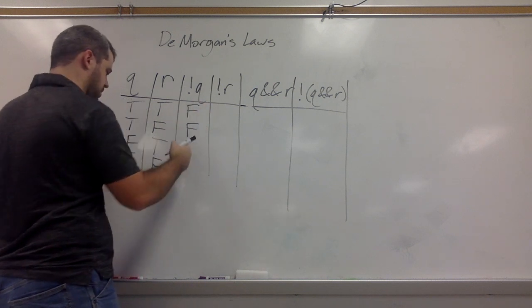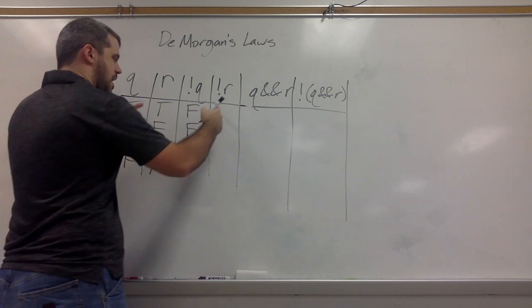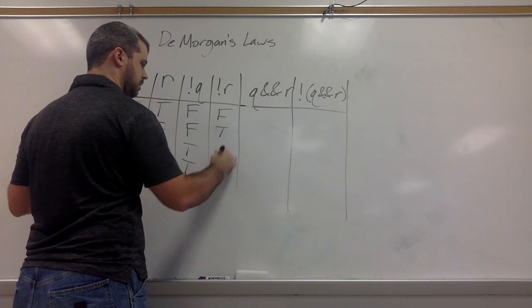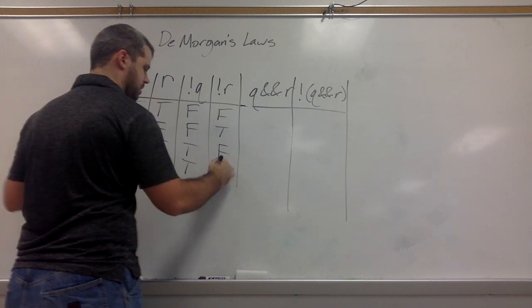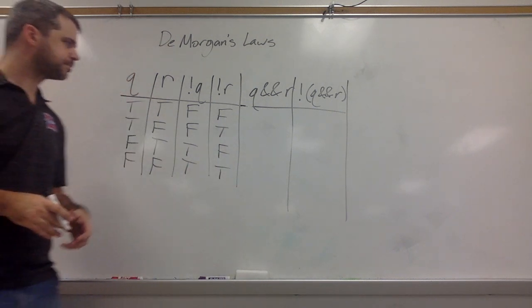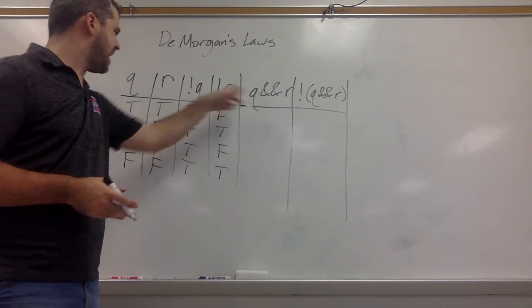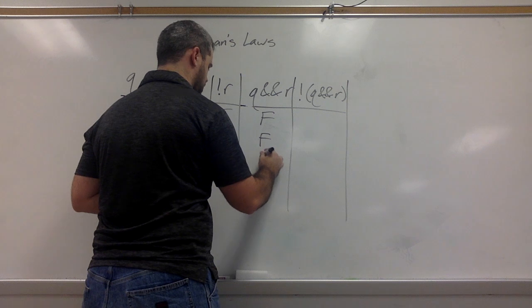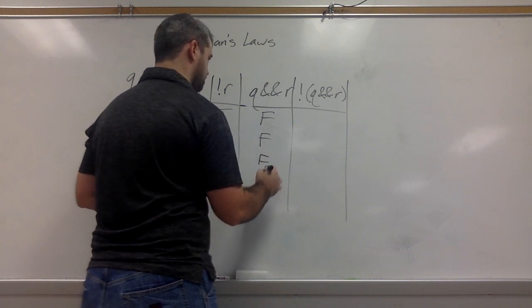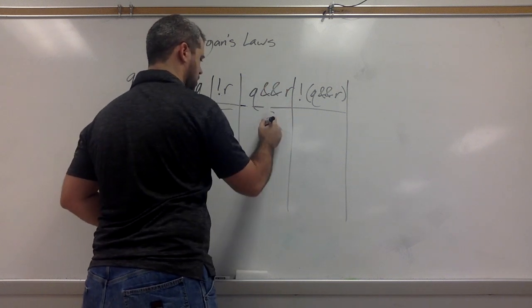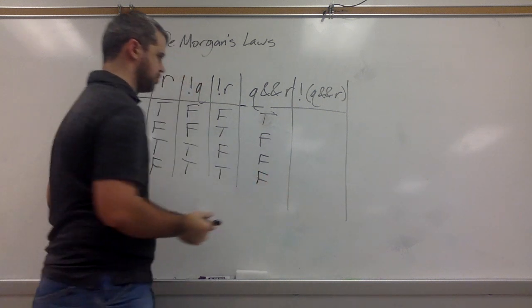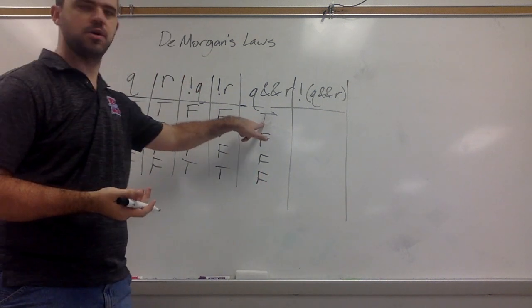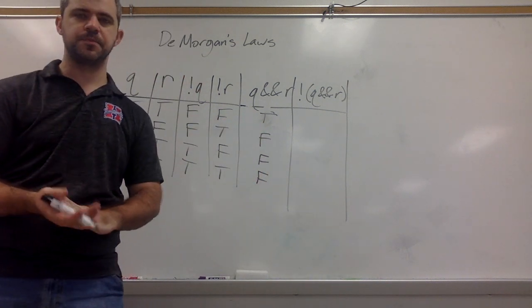I'm just doing the opposites here, and I'm doing the opposites here. And then we can do the and. So and is false in all of these situations, except for where they're both true. So true and true, we've got true, everything else is false.